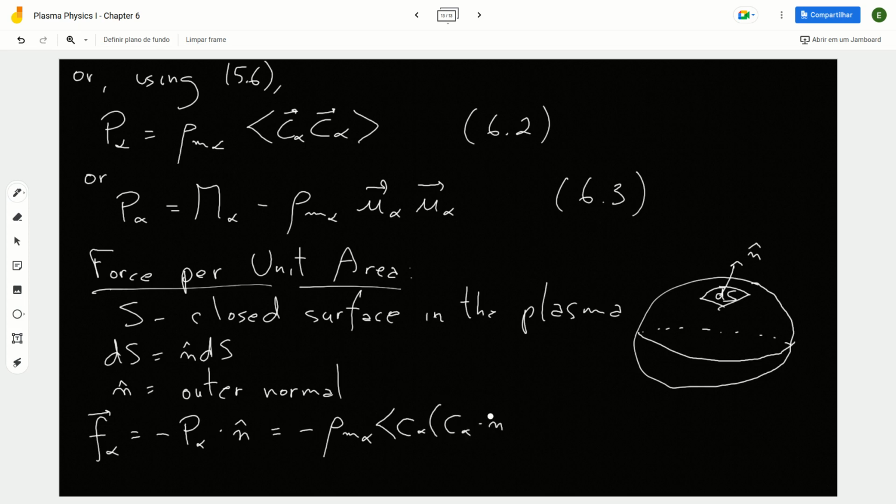The normal component of the velocity from this. If n coincides with one of the x, y, or z versors, then you have this operation selecting one of the three columns of the P tensor, all right?